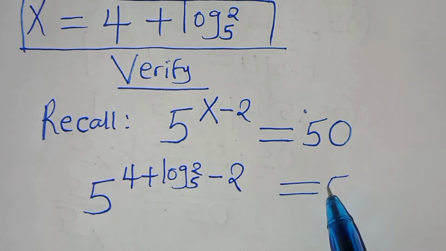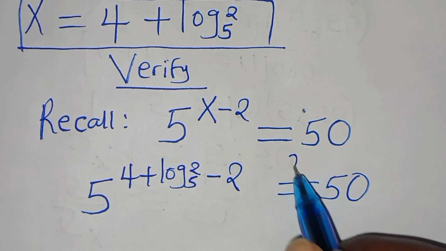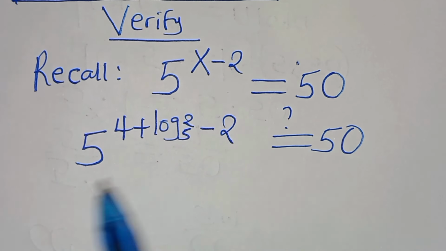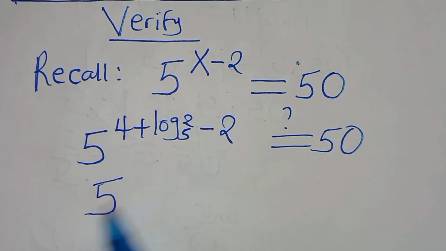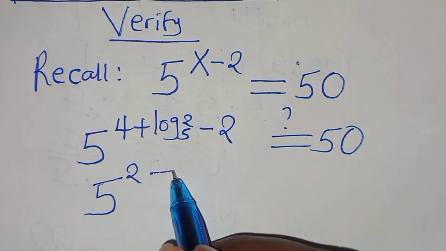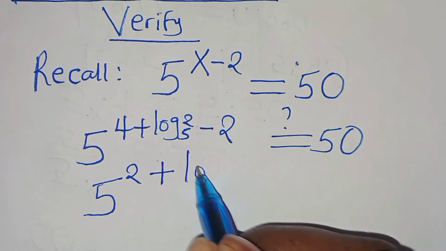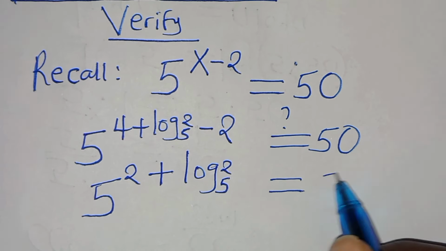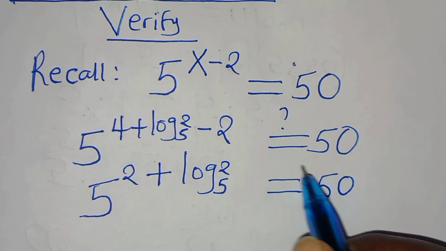This should give us a value of 50. So 4 minus 2 is equal to 2. So we have 5 raised to the power of 2 plus log 2 to base 5. This is supposed to give us a value of 50.